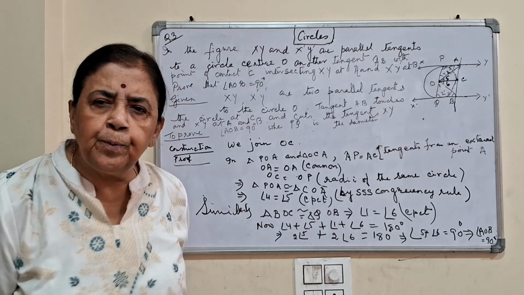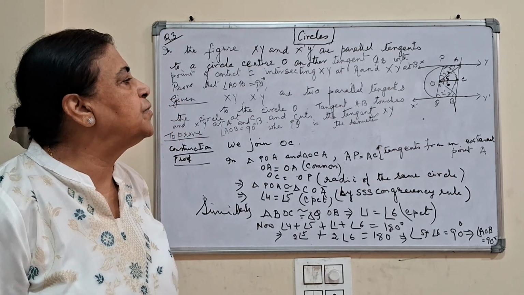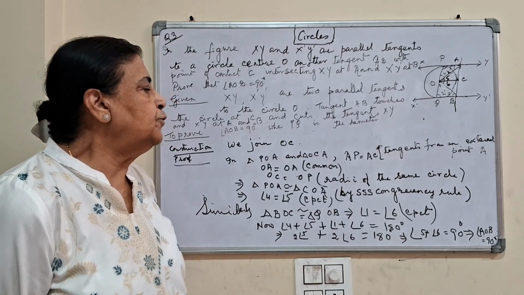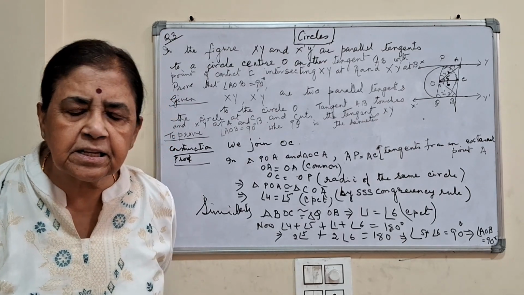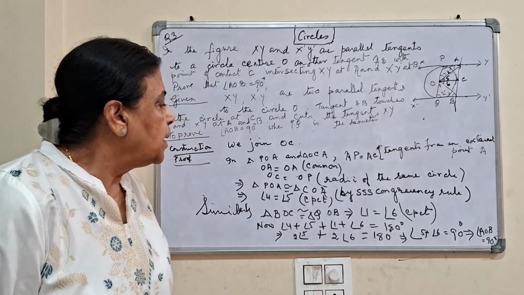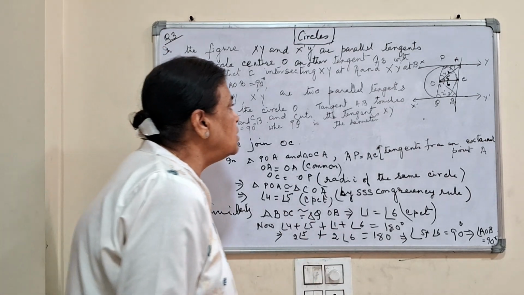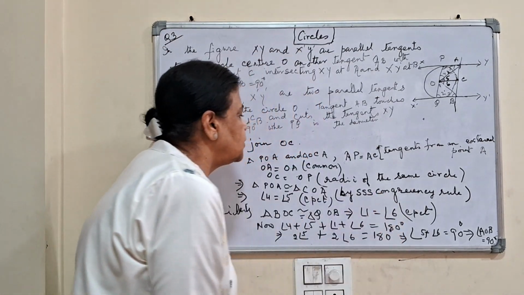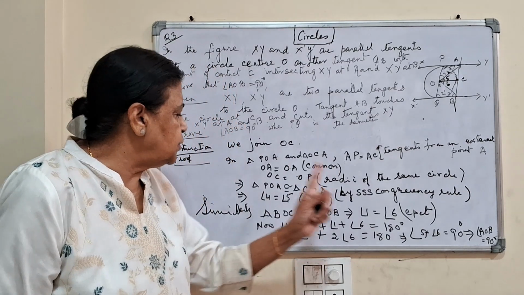OB is equal to OB and OQ is equal to OC. Therefore, the two triangles are congruent by SSS. Therefore, angle 6 is equal to angle 5. Angle 1 is equal to 6.